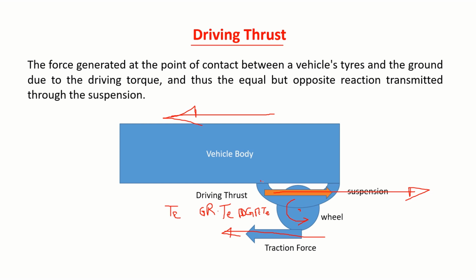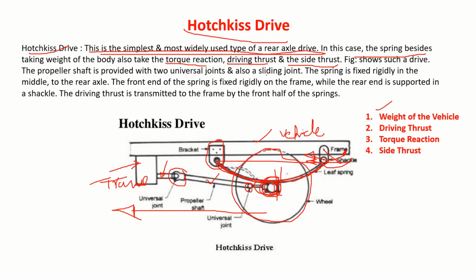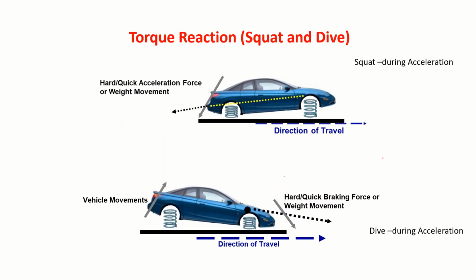So this leaf spring is connected like this. This has to take this kind of a thing. So this leaf spring has to take not only the weight of the vehicle, it also has to take the driving thrust. Then let me tell you what exactly the torque reaction is. You take this vehicle.